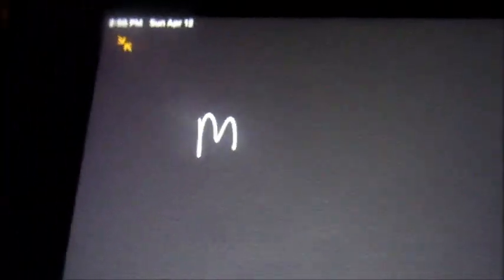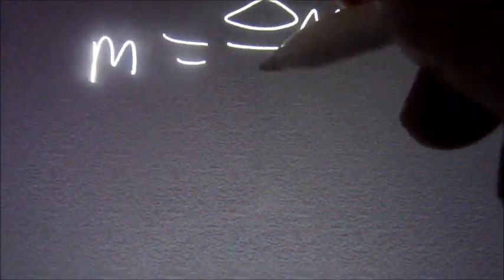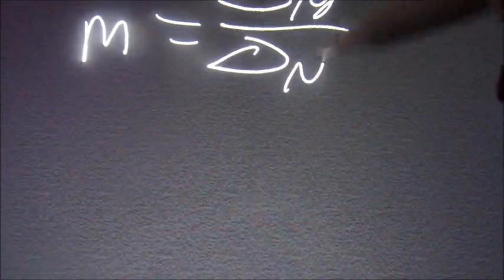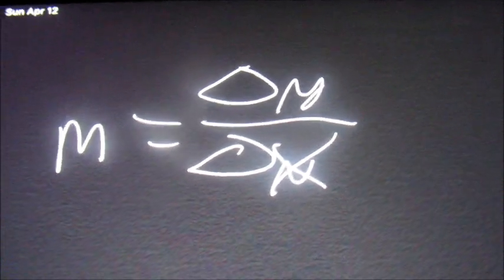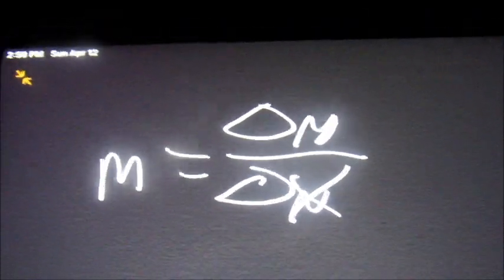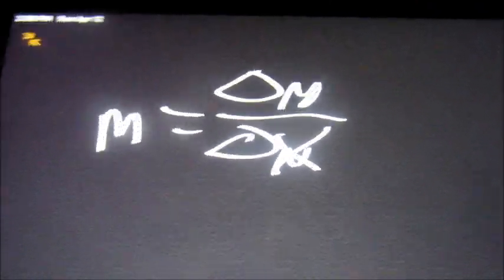That being said, in order to find the slope, slope is always m, and the equation for it is the change in y over the change in x. So it's the difference of when you find 2 points, you're going to do a difference because that's the change.